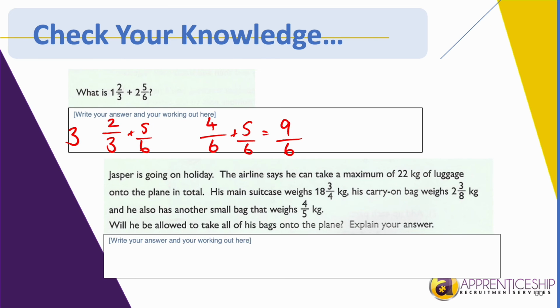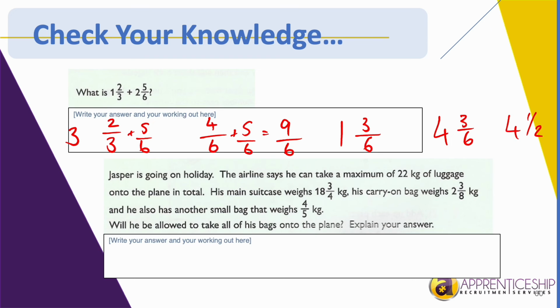Improper fraction, so we need to convert to a mixed number. 9 divided by 6 is 1, remainder 3. That's 3 sixths. So add that to our whole number, so 4 and 3 sixths. Or, if you want to be really fancy, you can simplify that to 4.5, because 3 sixths is a half.